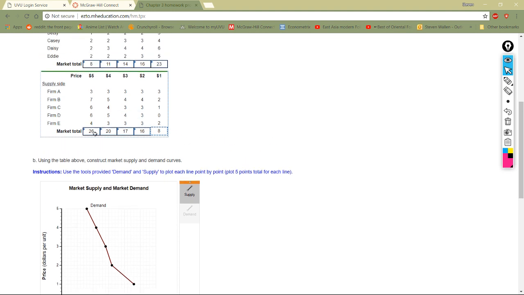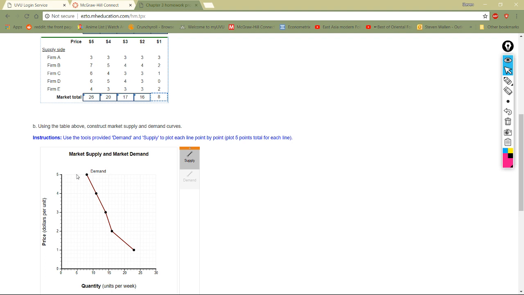Okay. Supply at $5, 26 people. So we go to 5, we go all the way over to 26. So one thing you can also see on the lines, they're always going to form an X, okay? And at the very edges is when they get furthest apart. So like at the tops or at the bottom price ranges. And then 20 at 4, so we go 4, we go 20.